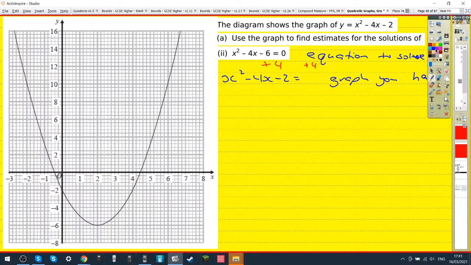So then positive 4 goes to minus 1.3. Okay, yeah.